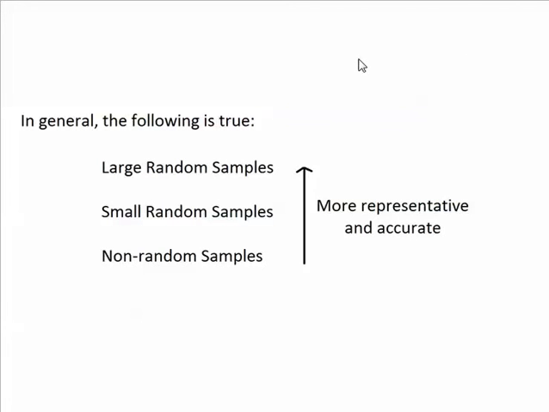In that case, I've set a quota for different grade levels. Or I could say I want my sample to have 30% of this major, 20% of this major, 10% of this major, and 40% of this major. By setting those targets and reaching those quotas, I can make my non-random sample more representative of the population.